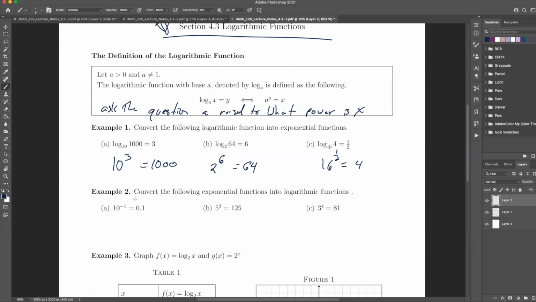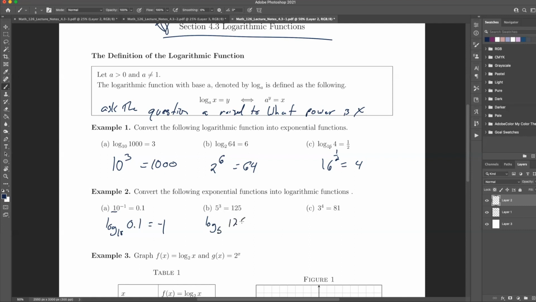Here, we can do the same thing: I can convert this into a logarithmic function. The base here is 10, so this is log base 10 of 0.1, and then the power is the answer. So this is 10 raised to what power is 0.1? Well, that's negative 1. Same here, this will be log, here the base is 5.